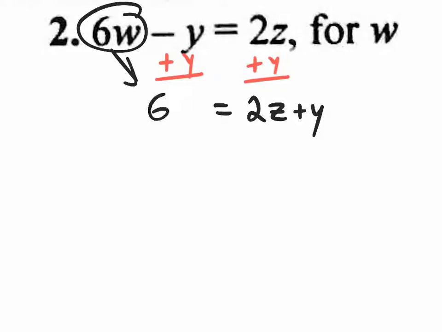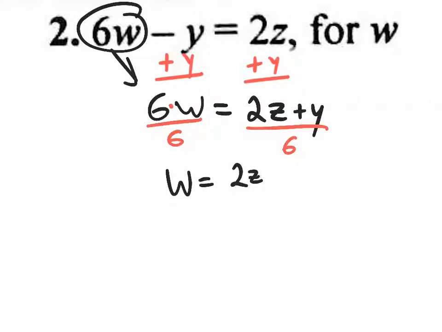You bring that down, 6w. So you almost have w by itself. There is a 6 times right in front of the w. So you need to get rid of that 6 times. So you're going to divide by 6 and divide the whole thing by 6. So there's your answer. W equals 2z plus y, all divided by 6.